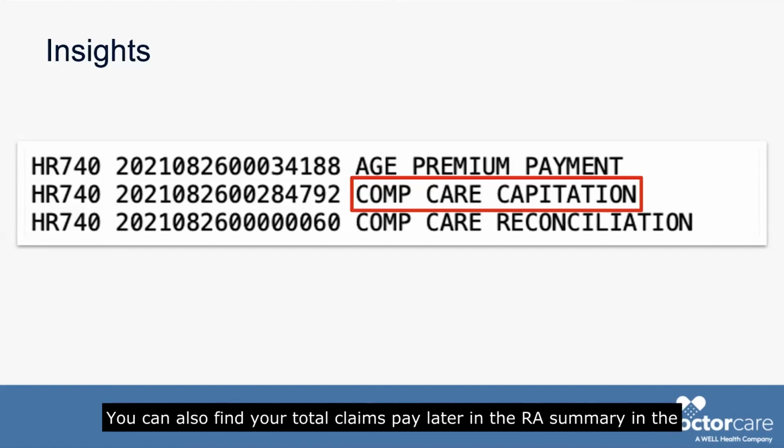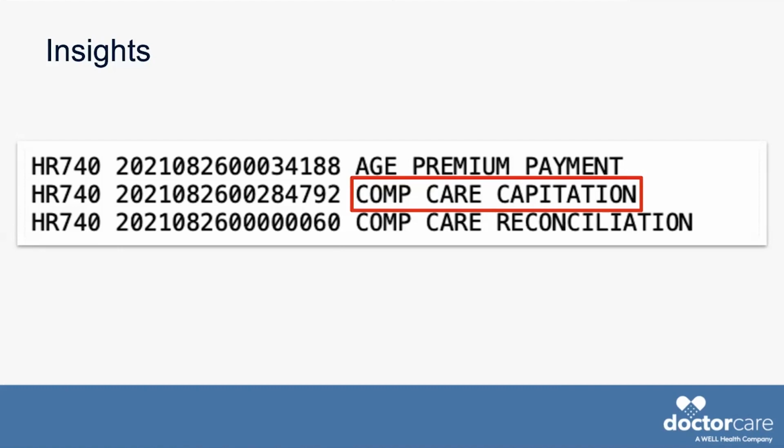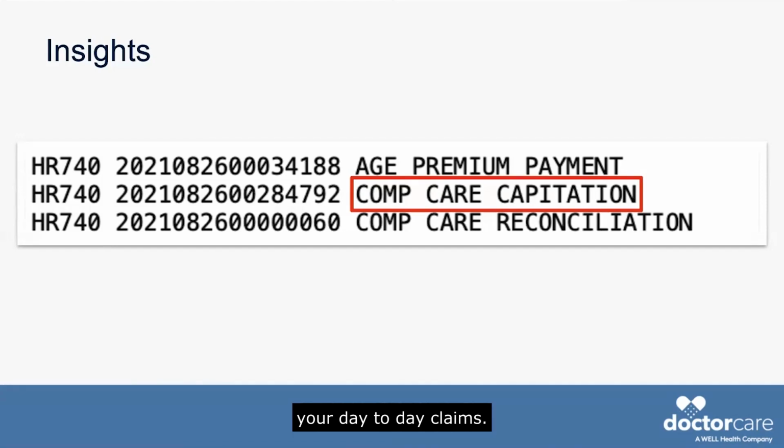You can also find your total claims paid later in the RA summary in the physician payment discount summary report. Overall, this section is useful because it provides a quick snapshot of the breakdown of your monthly deposit with everything that's not related to your day-to-day claims.